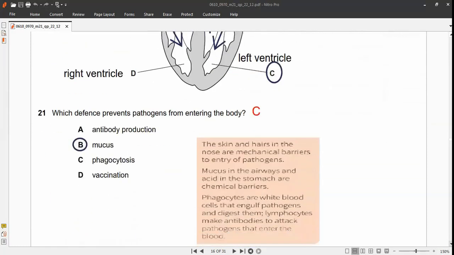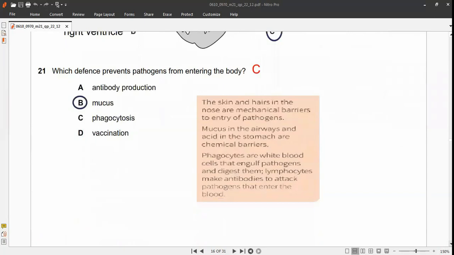21. Which defense prevents pathogens from entering the body? Let's revise this part. The skin and hairs in the nose are mechanical barriers to entry of pathogens. Mucus in the airways and acid in the stomach are chemical barriers.